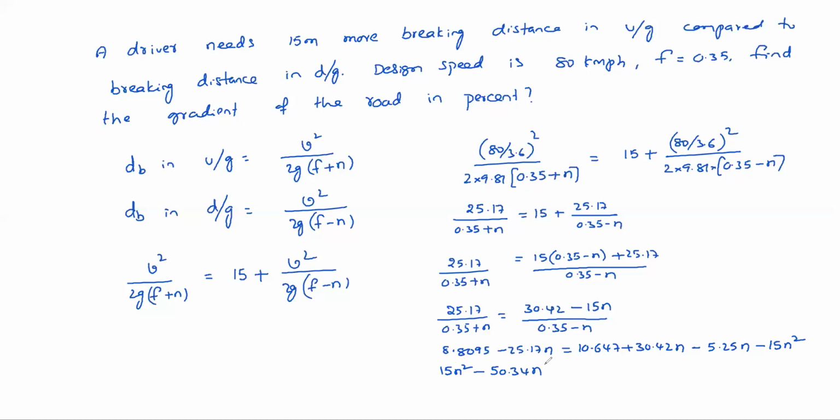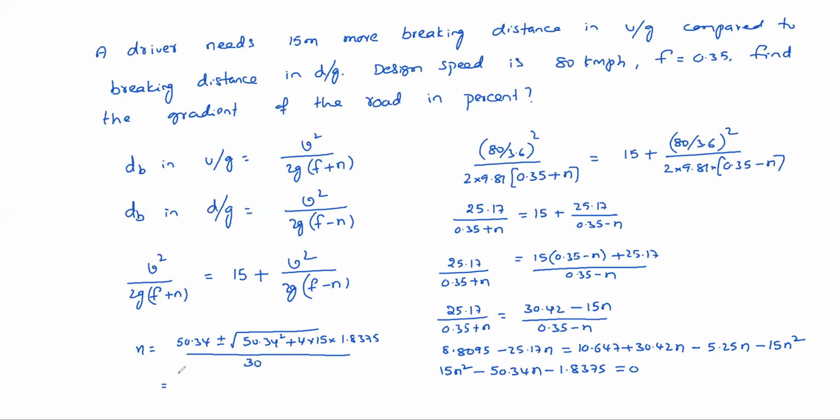Constants: 8.8095 minus 10.647, that is minus 1.8375, equal to 0. So solving this, n equals minus b, that is 50.34, plus or minus square root of b square, 50.34 square minus 4ac, so plus 4 into 15 into 1.8375, divided by 2a, 30.